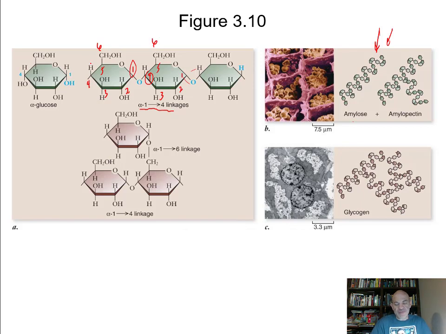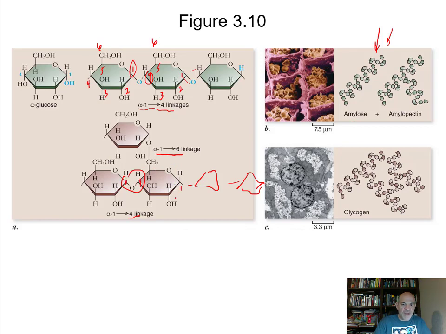Now in animals, they tend to store the same kind of molecule. It's a glucose molecule, but there's going to be a lot of branching. Now you're going to have the alpha 1,4 linkage to make a long chain. So we're going to continue with more of the molecules coming out this way. But then you're also going to have branching off. And that branching off is going to be a 1,6 linkage. So let's take a look here. This is a 1,4. This was the 1 and this is the 4 carbon.